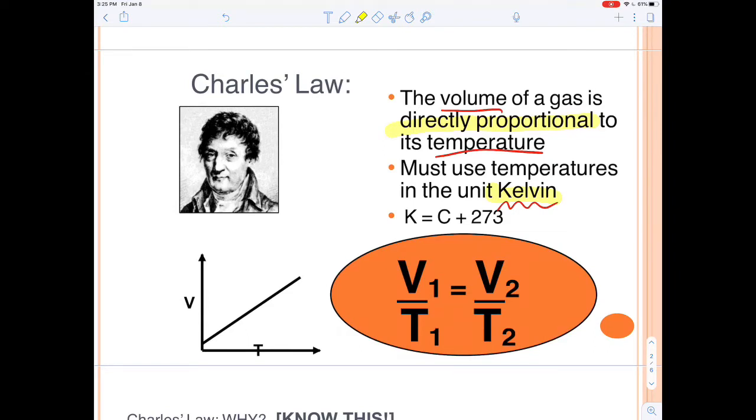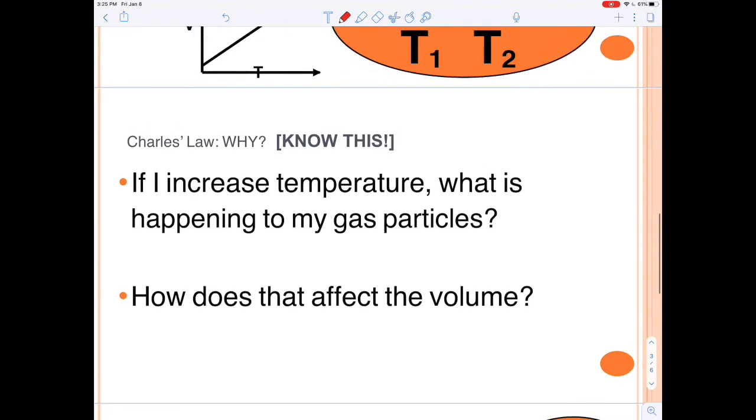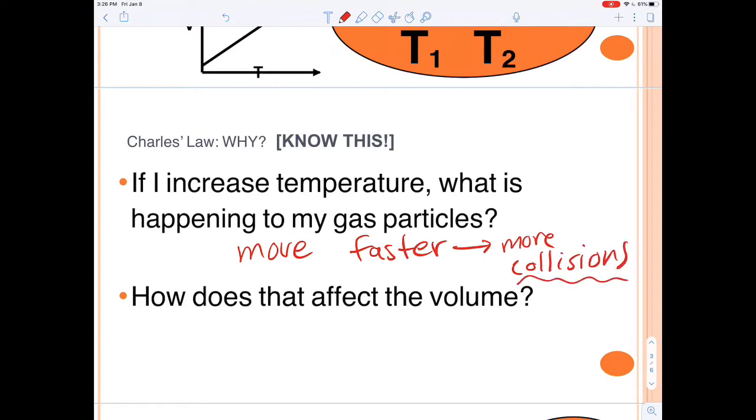So however you affect the temperature directly affects the volume. Okay, so make sure you know conceptually what's going on here. If I increase the temperature, what's happening to my gas particles? Well, they're moving faster, right? If they're moving faster, that's going to be more collisions. So we're really going to focus on these collisions when we want to conceptualize gases. How would that affect the volume?